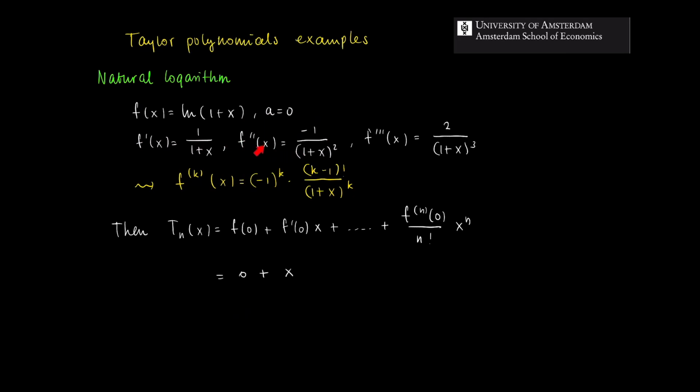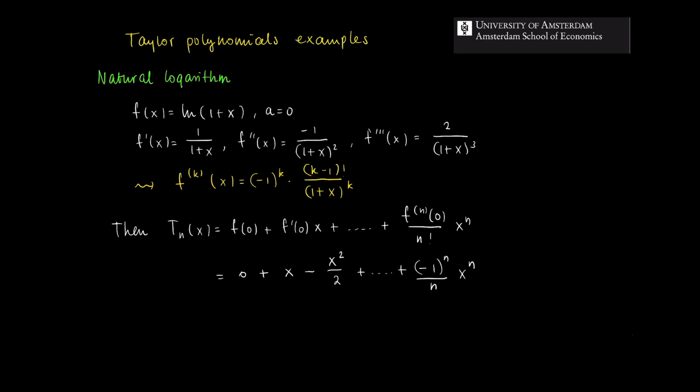And the x squared comes with the second order derivative divided by 2 factorial, which would be minus 1 times 1 divided by 2 factorial. So this is minus x squared divided by 2, and etc., etc. So we get, in the end, as a final term, minus 1 to the power n divided by n times x to the power n.